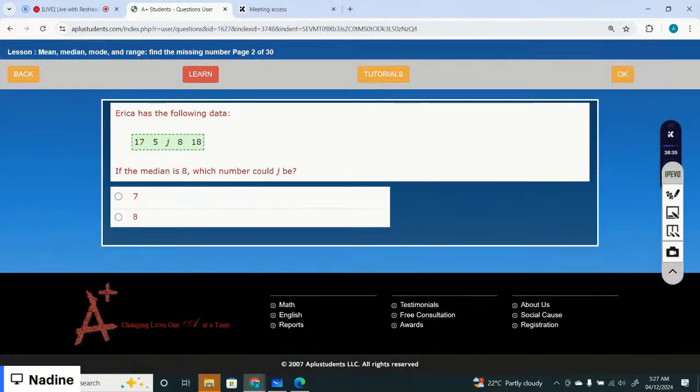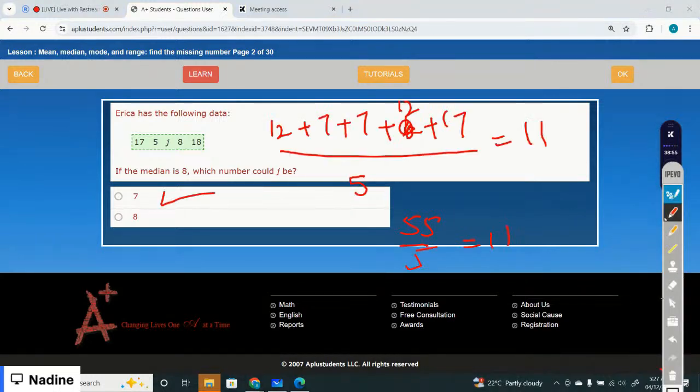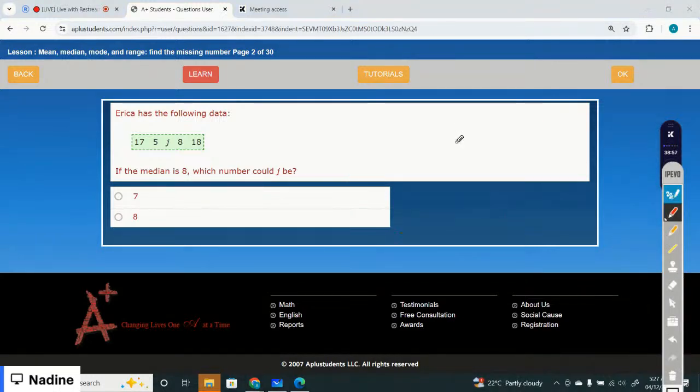Erica has the following data. If the mean is 8, what number could J be? No, the median is 8. Okay, so the median is 8. 8 is the middle number, right?